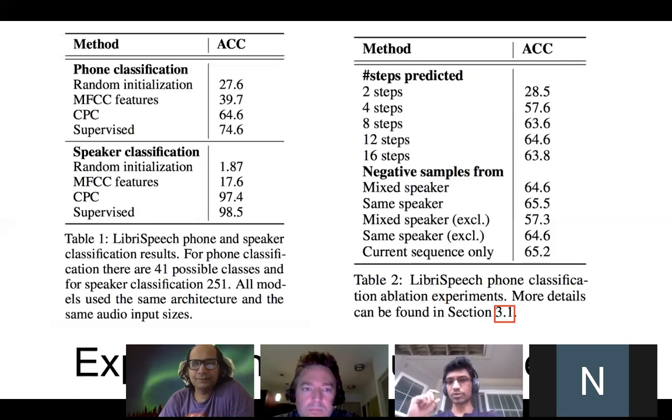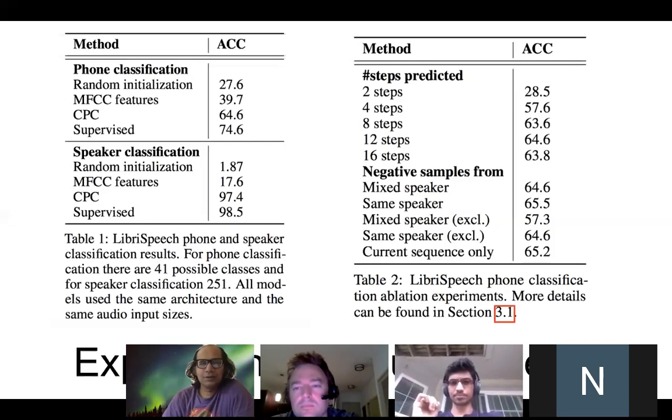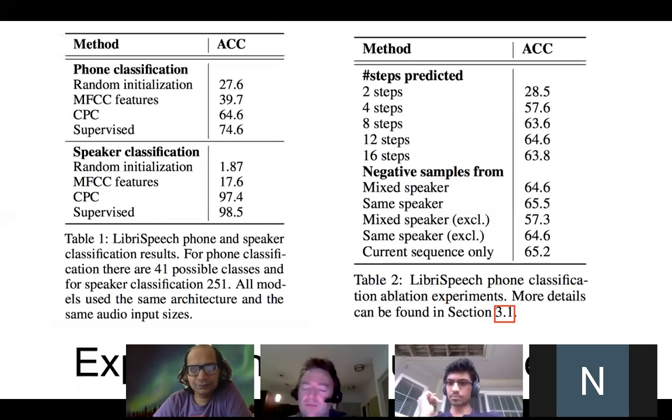So for the purpose of building a good representation, 12 time steps should be a good length of future. That's the point here. So are you basically saying that you have a smaller representation of your language when you have 2 time steps? Very small representation, exactly.